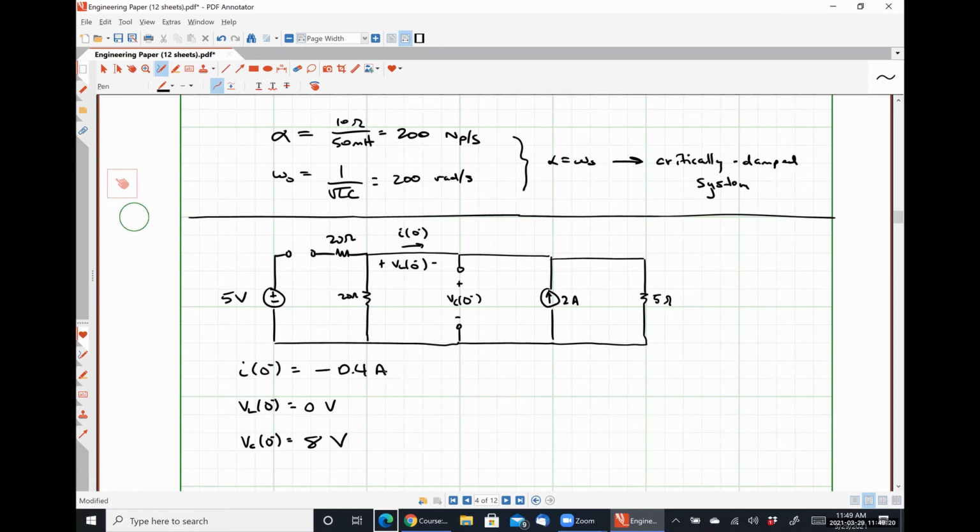So 2 times 0.2 is 0.4, but the current is flowing in the opposite direction that we would expect, so that's where the negative sign comes from. So again, whatever way you choose to analyze it is perfectly okay. If you do things correctly, you will get a result that I is negative 0.4 amperes. So our circuit has been successfully analyzed at t is equal to 0 minus.